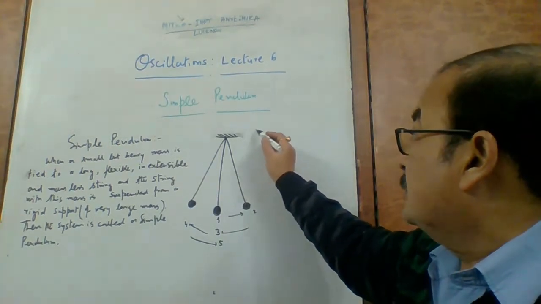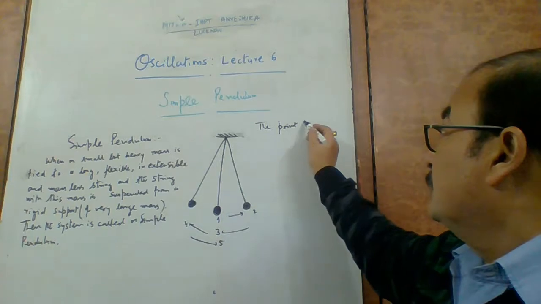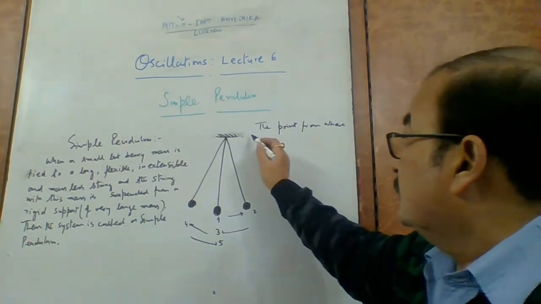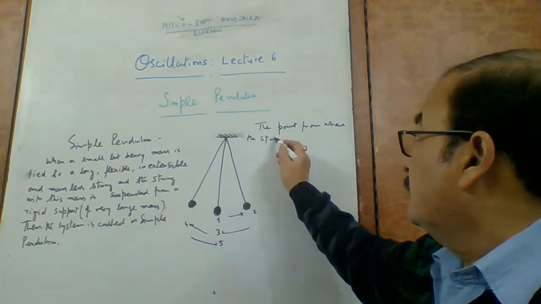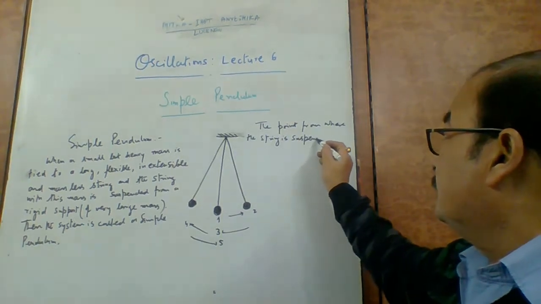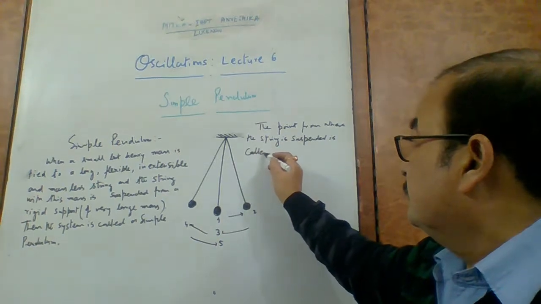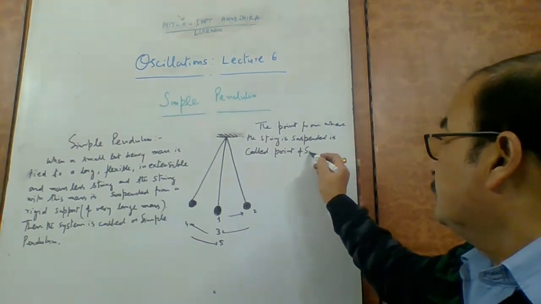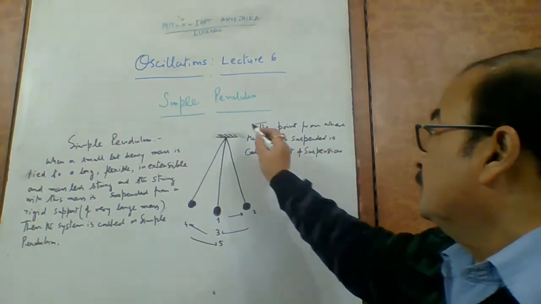The point from where the string is suspended is called the point of suspension. This is number one.